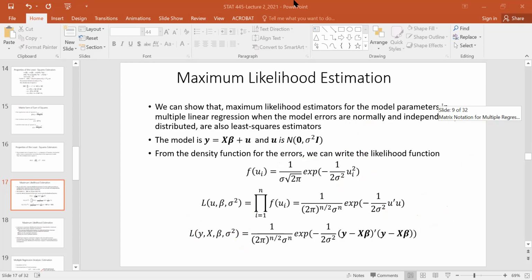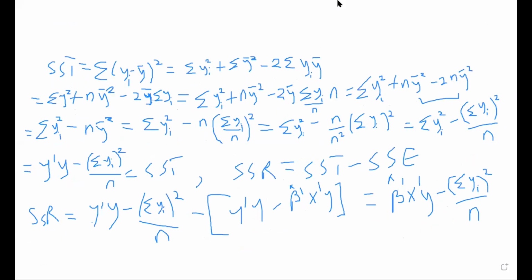My plain sheet is here, my jotter. So we usually set up a likelihood function before we maximize it. So ML is just a way of estimating parameters, not just OLS. We have other ones, like the method of moments. We are just showing you here the maximum likelihood estimators.